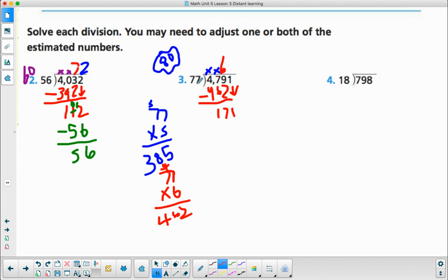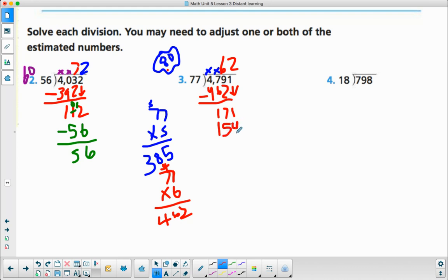Now, 171 divided by 77. I'm going to think how many 8s in 17 are 2. So let's give 2 a try. 2 groups of 77. That one's a little bit easier. I don't think I need to write it on the side. Double 70 is 140. Plus another 14 would be 154.